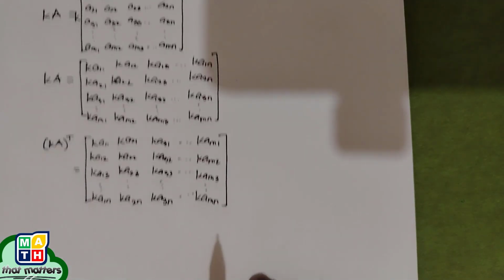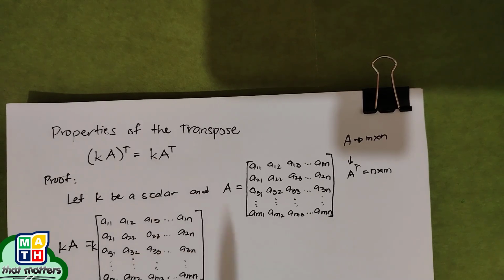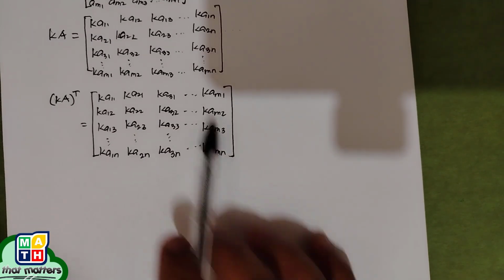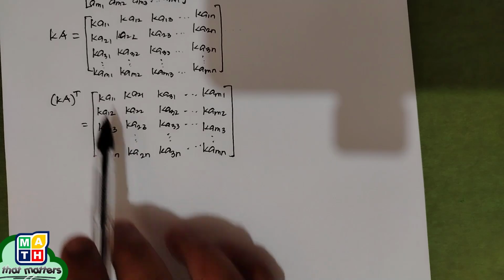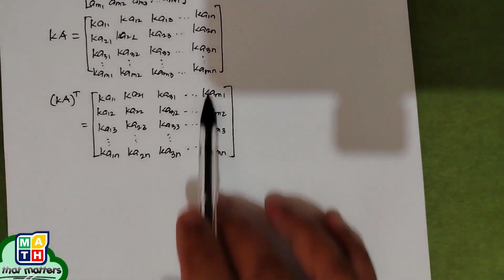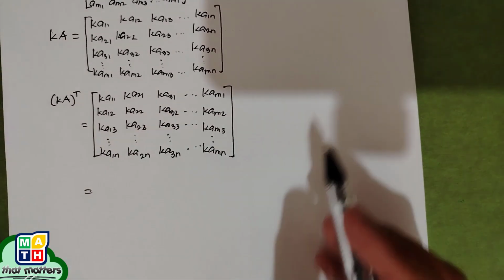Now from here, take note of our goal, we need to reach this portion. You can see that all the components of this matrix have the scalar k. In short, we can factor out k.